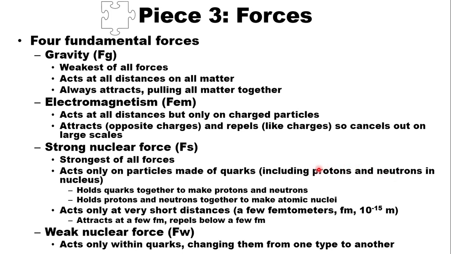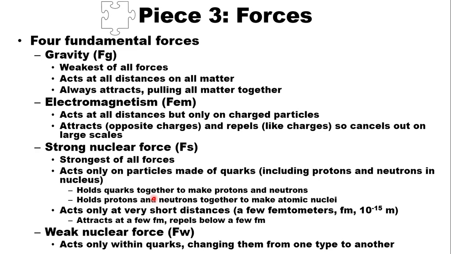So protons feel gravity, protons feel the electromagnetic force, and protons also feel the strong nuclear force. Neutrons experience gravity. They also experience the strong nuclear force, but as we mentioned, they don't experience electromagnetism. It has no effect on them. What does the strong nuclear force do?